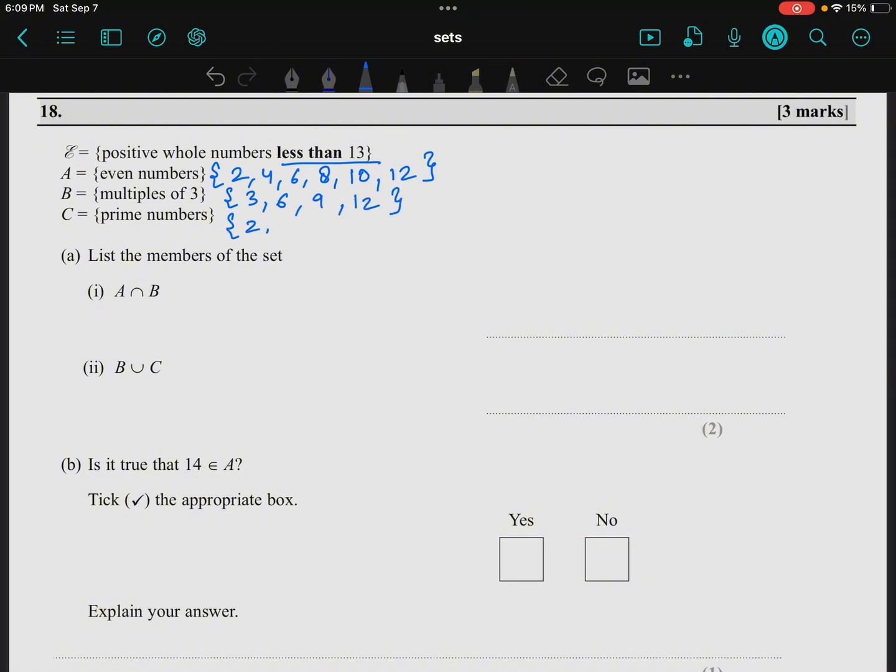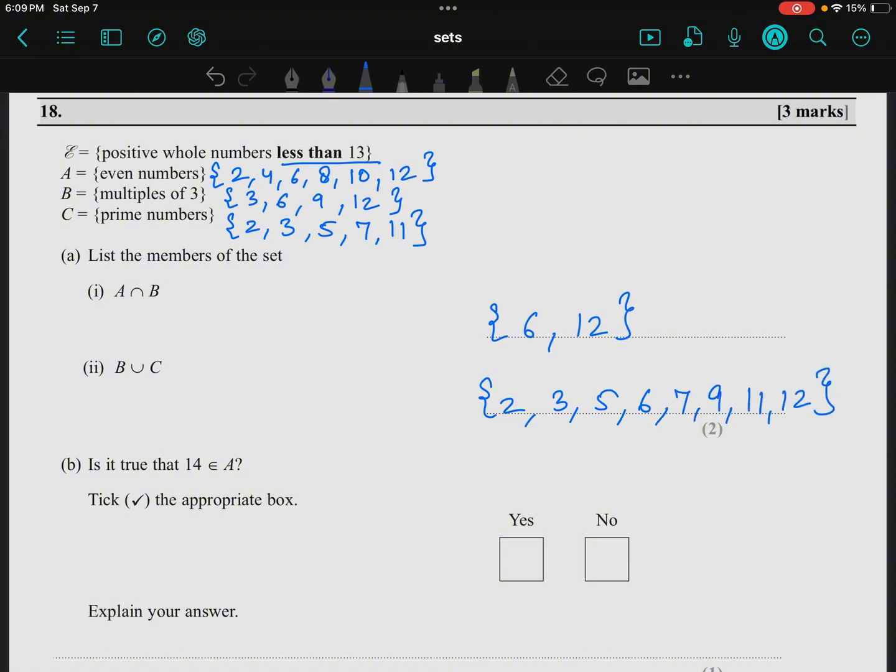Prime numbers, that means 2, 3, 5, 7, 11. Now A intersection B, common are 6 and 12. Then B union C means all the elements, that means 2, 3, 5, 6, 7, 9, 11 and 12, all the elements.